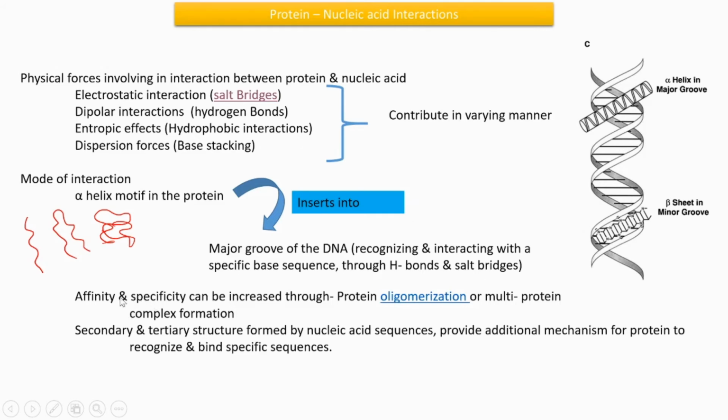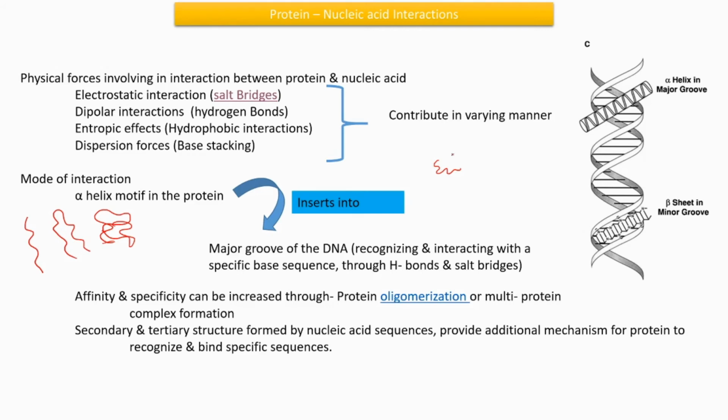Then the affinity of the protein to DNA, we need to increase. How does a protein increase that affinity? Through oligomerization. If one protein is composed of only a single polypeptide chain, then it is a simple protein.